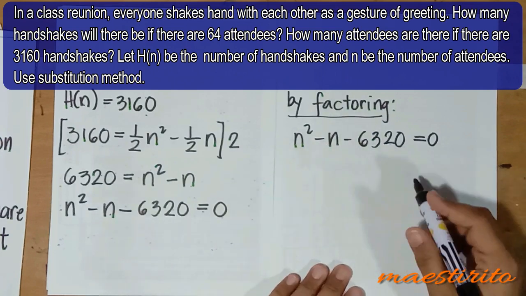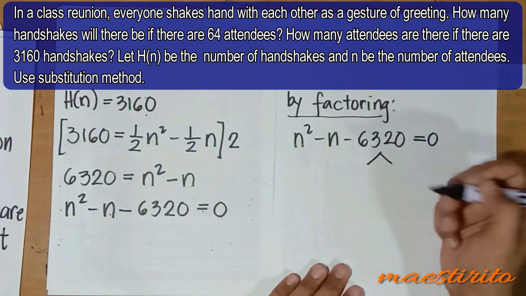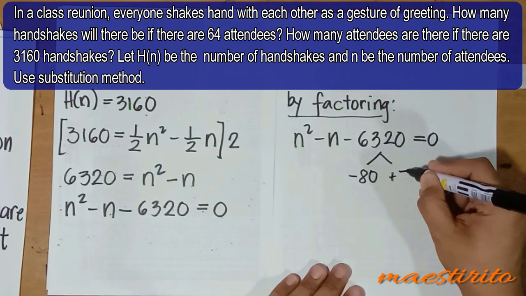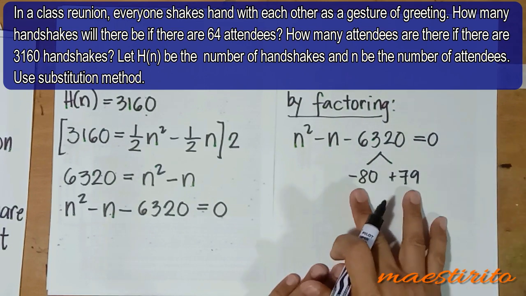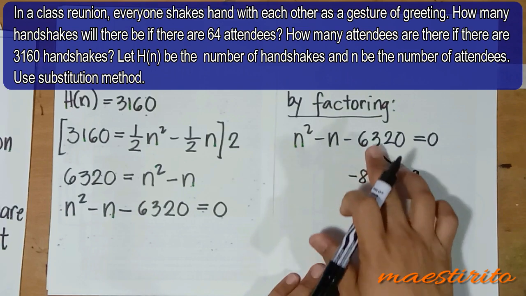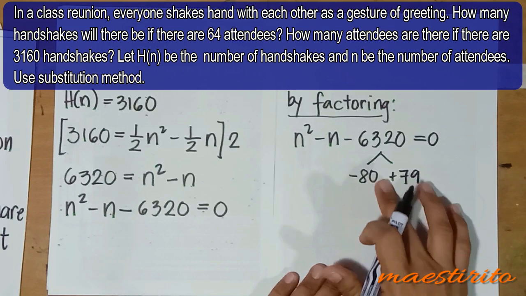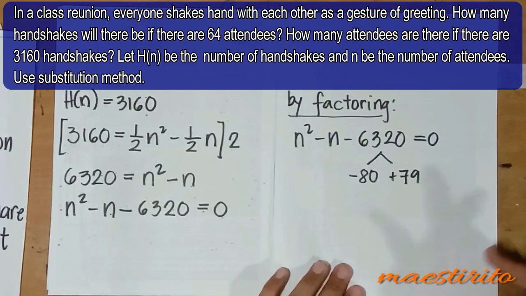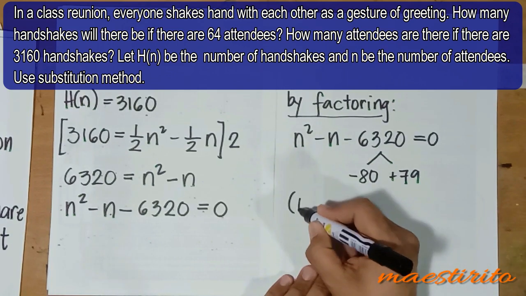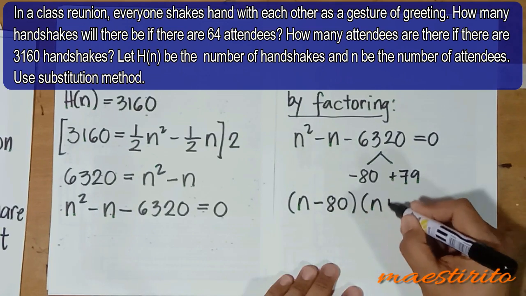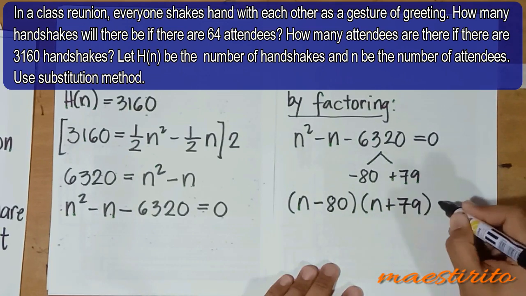For this case, it will be negative 80 and positive 79. Negative 80 times positive 79 is negative 6,320, and negative 80 plus positive 79 gives you -1. Therefore, the factors are n minus 80 and n plus 79 equals 0.